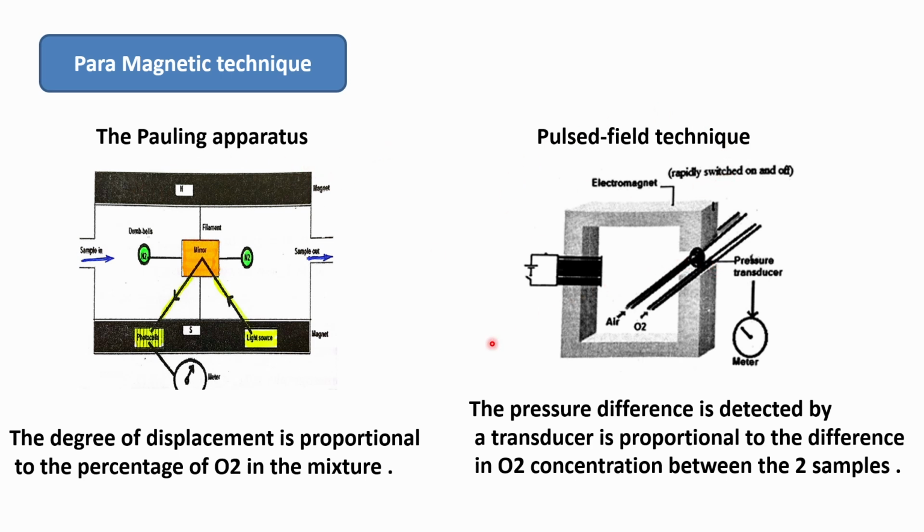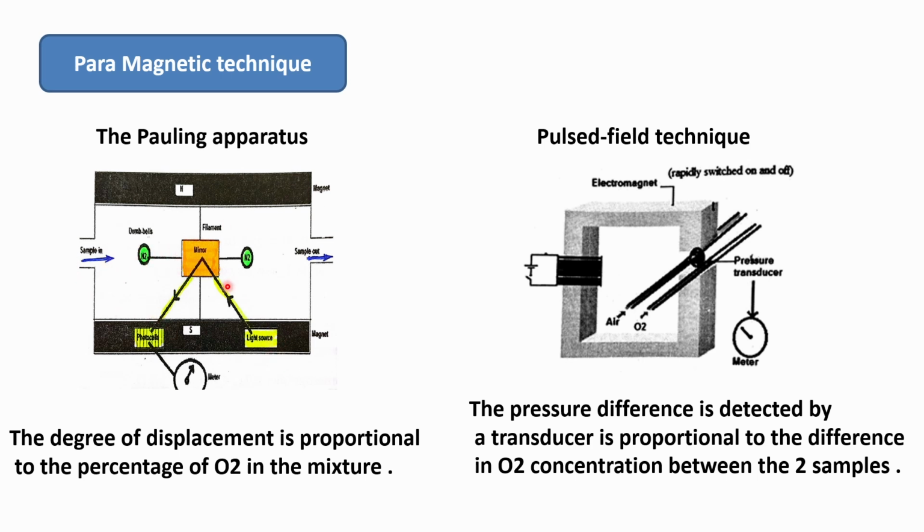The Pauling apparatus principle is that a small mirror is connected to two nitrogen balls, and there is a light source reflecting to a detector, which is connected to a meter. There is also a magnet. When the oxygen passes through, it is attracted to the magnet and disrupts the dumbbell of nitrogen balls.